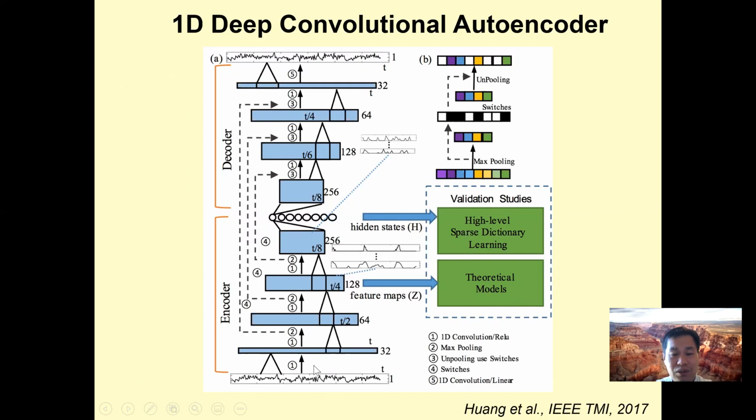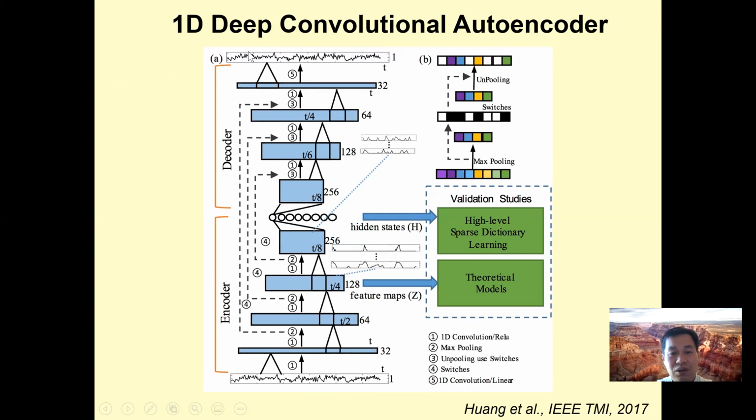We go through this convolutional autoencoder. We put four different layers to convolve the input time series and then encode the time series through this feature, and then we do the decomposition, the deconvolution, and then we can reconstruct the time series.